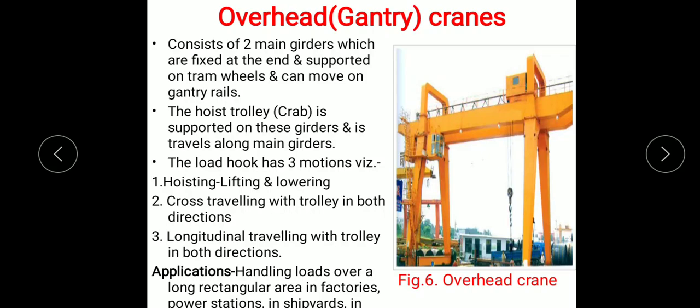Longitudinal traveling indicates the whole assembly is traveling along the length from one place to another with the trolley. Such type of cranes find applications in handling loads over a long rectangular area, that is in factories, in power stations, in shipyards, etc.